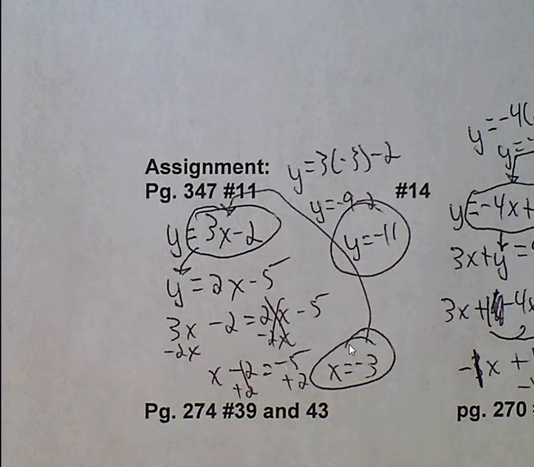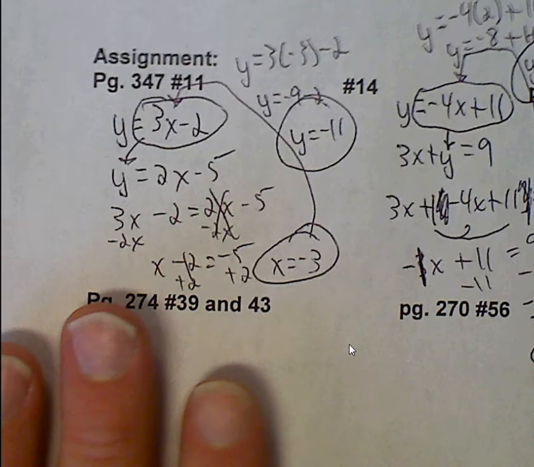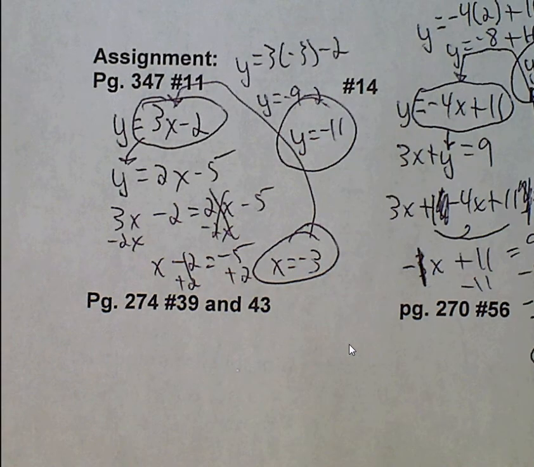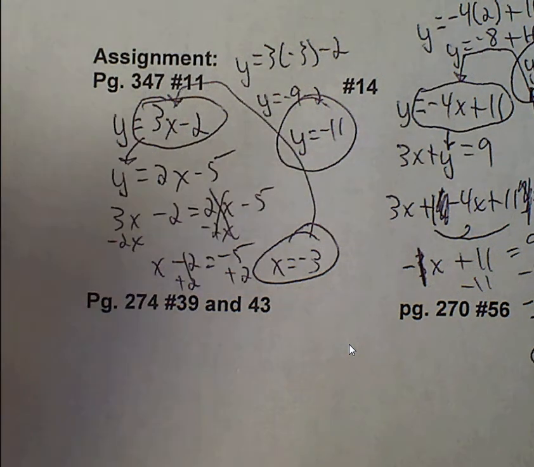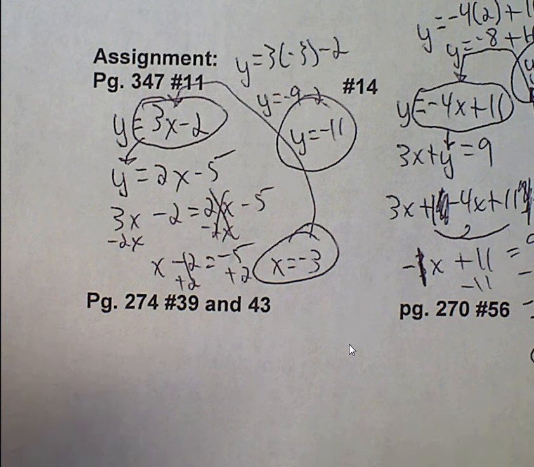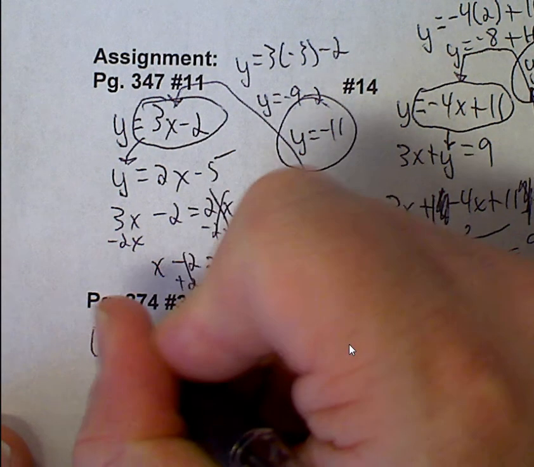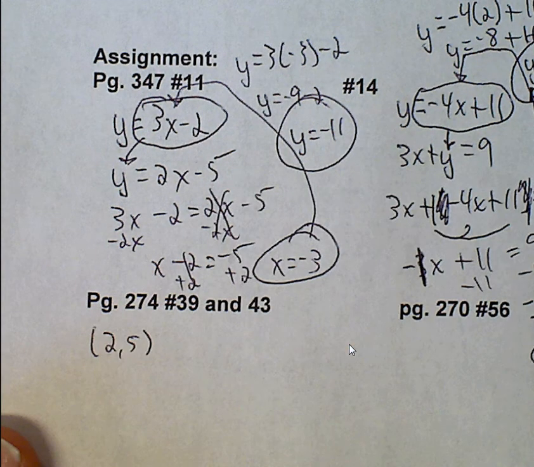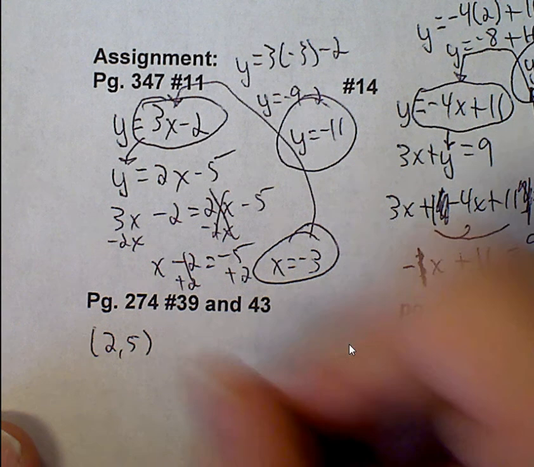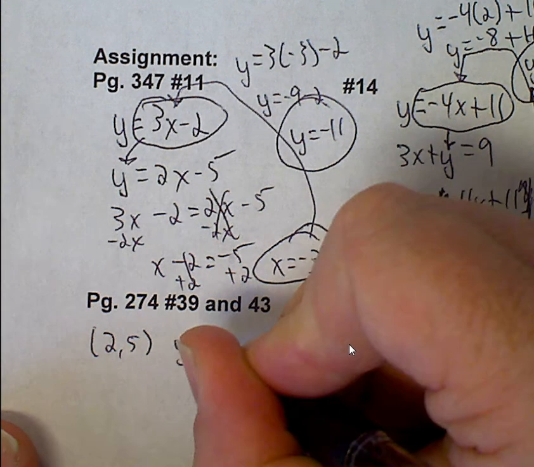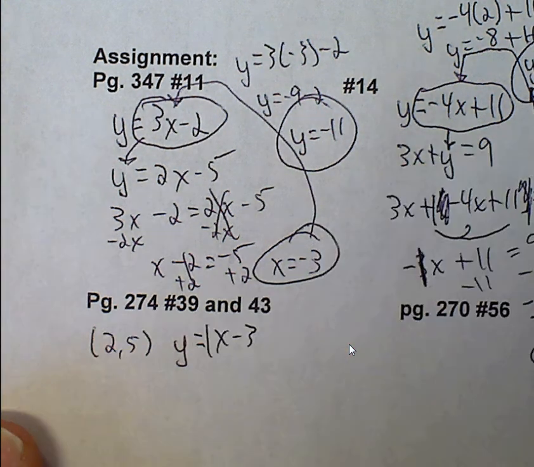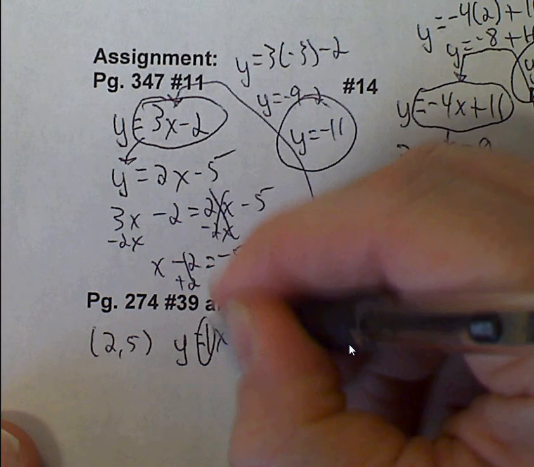Page 274, number 39. It says write an equation in slope-intercept form for the line that passes through the given point. So the point that they give us is 2, 5. And it says is parallel to y equals x minus 3. In order to be parallel, we need the same slope.